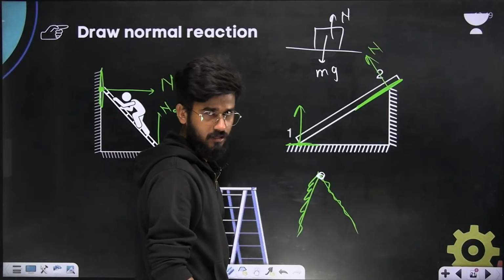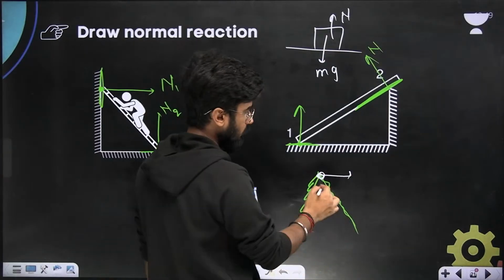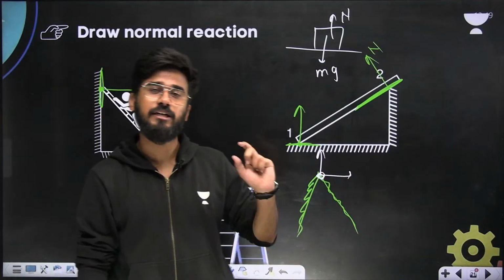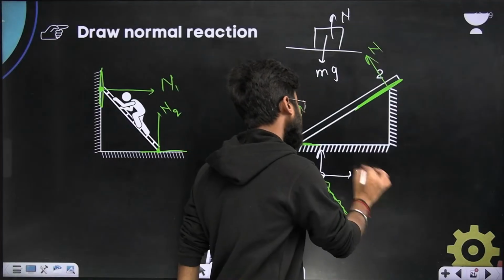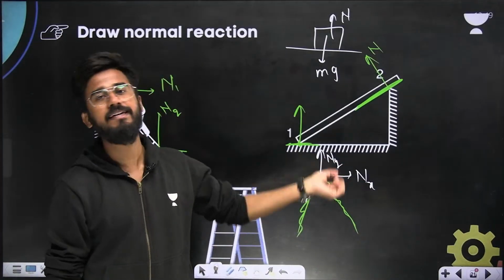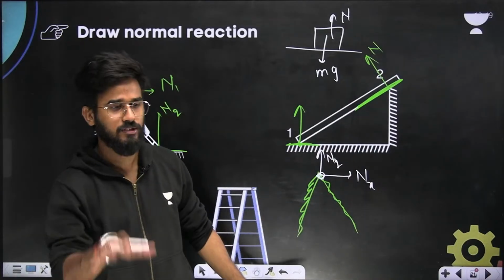So you can just randomly think that these are the two directions of normal, one is this and one is this. This is the actual procedure, that you have to consider two directions, one is Nx and one is Ny. And this we will be dealing with in the rotation topic. We will not be dealing with this kind of problem in this particular section.